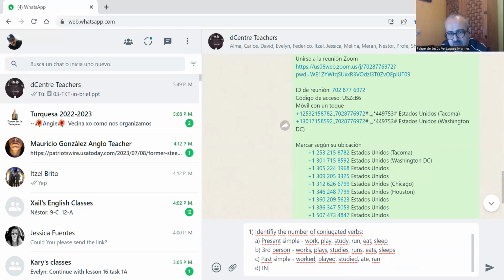ING verbs, present participle. What is a present participle? It is an -ing, but only if it is preceded by an auxiliary verb.